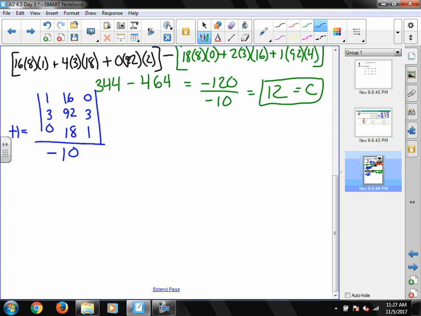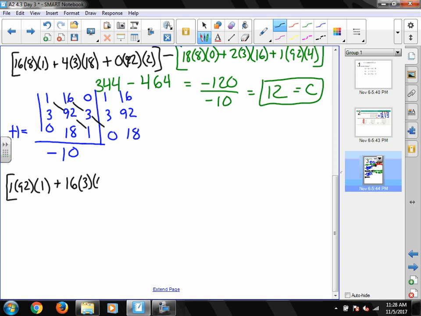Copy our first two columns, 1, 3, and 0, 16, 92, and 18. And now we just start working to calculate that determinant up top. So 1 times 92 times 1 plus 16 times 3 times 0 plus 0 times 3 times 18.